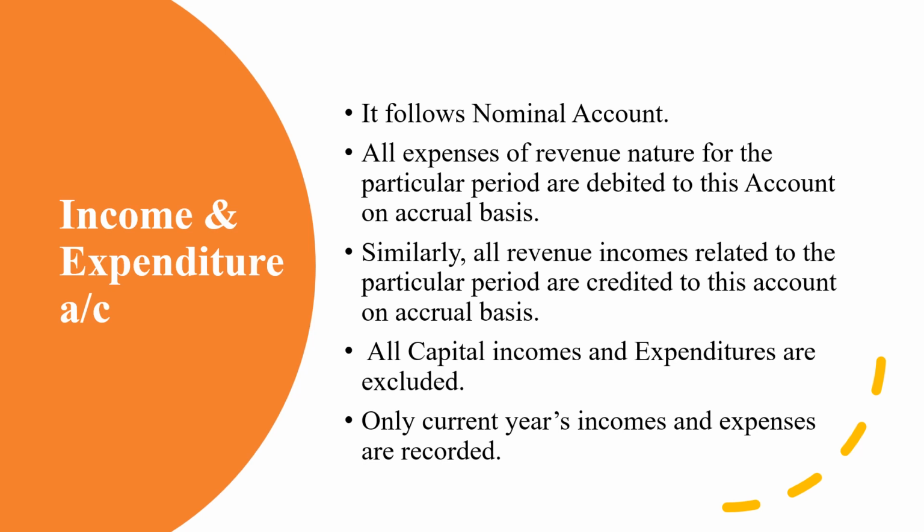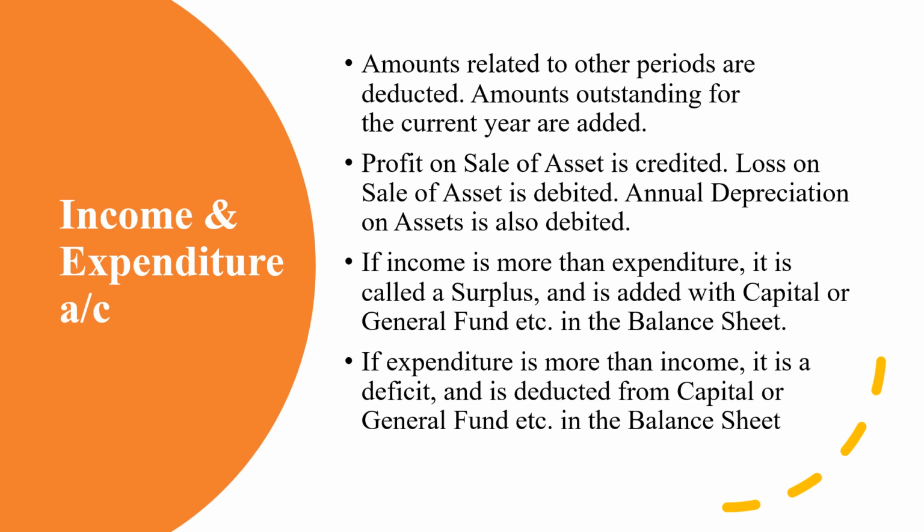Capital items are excluded from this account. Also, all expenses and incomes relevant to the particular current period only are taken in this account. Anything related to previous year or next year is excluded. So only current year's incomes and expenses are recorded and capital incomes and expenditure are excluded.